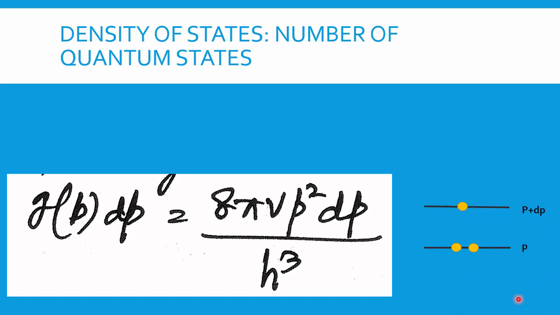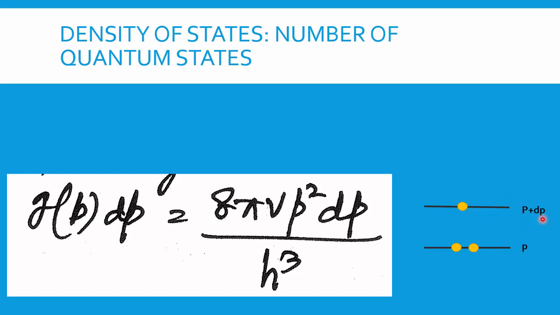Suppose you have in a container, let us say, 3 particles. Say 2 particles have a momentum P, let us say momentum of 1 unit, and one particle has a momentum of say 2 units. I can say the lower momentum value of 1 unit is P, and the next higher momentum I can say is P plus dP, which is just an example.